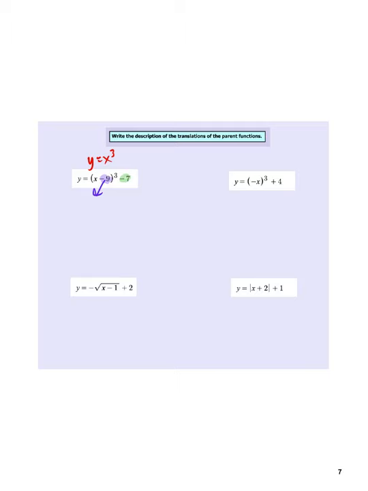So this is translated 9 units right. And the -7 means it's translated 7 units down.